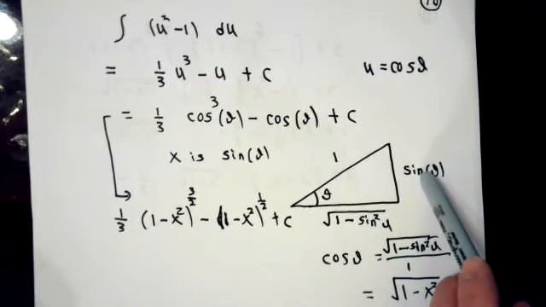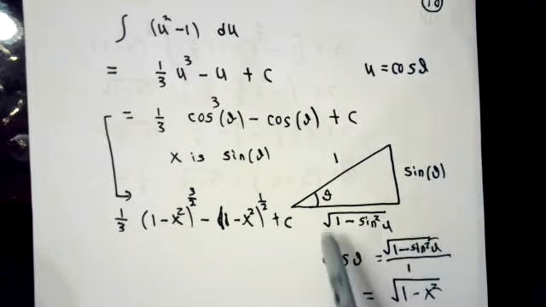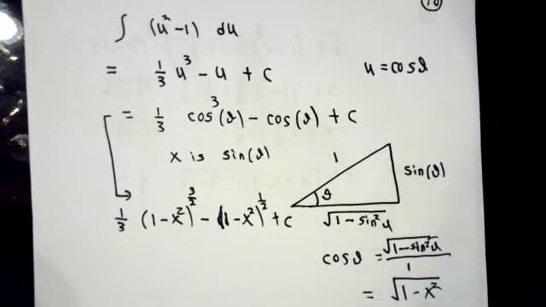This side squared plus that side squared has to equal 1. So it follows that this side must be radical 1 minus sine squared theta, which, if we hadn't predicted it ahead of time, is equal to cosine theta.